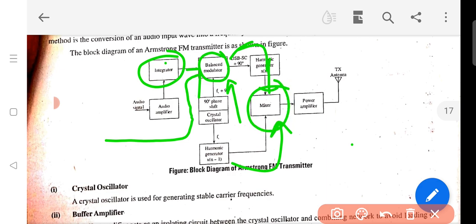In the summer network both are added and fed to the power amplifier. In the power amplifier the signal is strengthened and then transmitted to the transmitting antenna. Remember, both are the same Armstrong method of FM generation, and both circuits are the same with a little bit of difference: here the amplifiers are included. Thank you. This is about the FM transmitter.